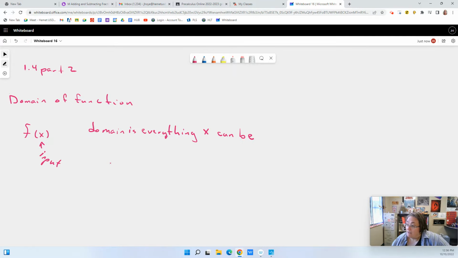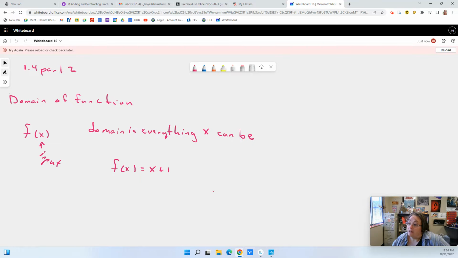So if I had a function like f of x equals x plus 1, well, I have no limit to what I can input for x in something like this, right? I could put in anything from negative infinity all the way to infinity for x, right? There's nothing limiting my x. There are no rules on x plus 1 that prevent me from putting it in.